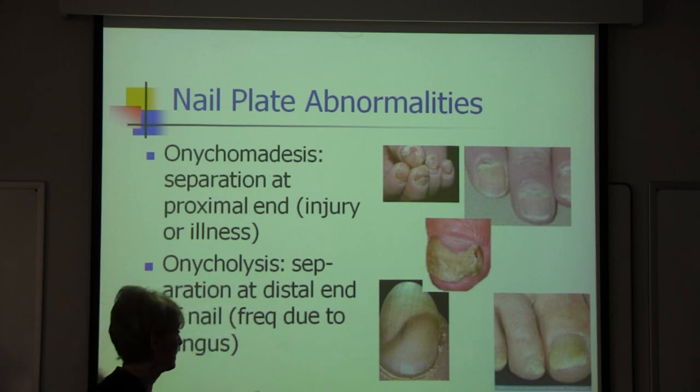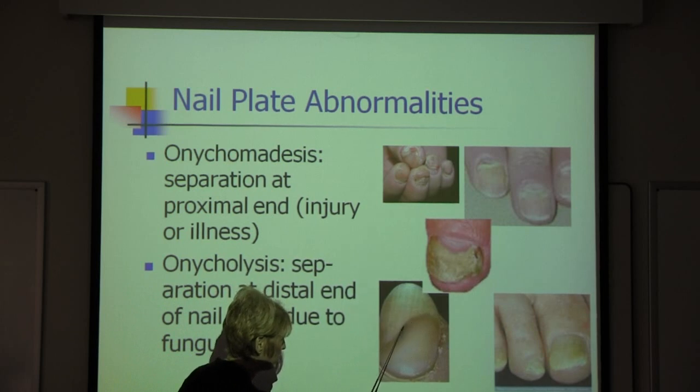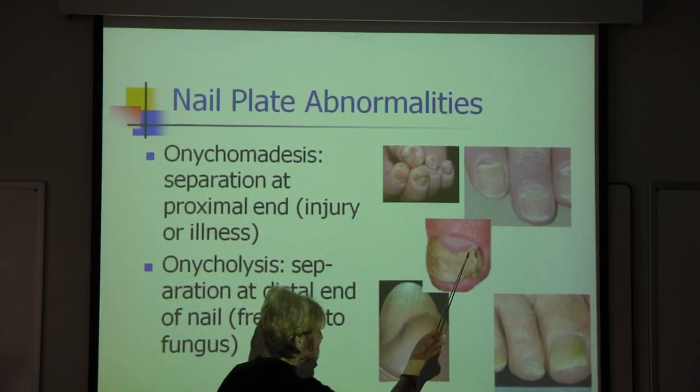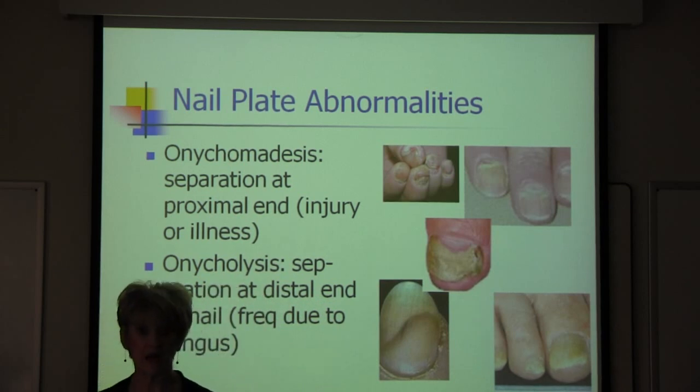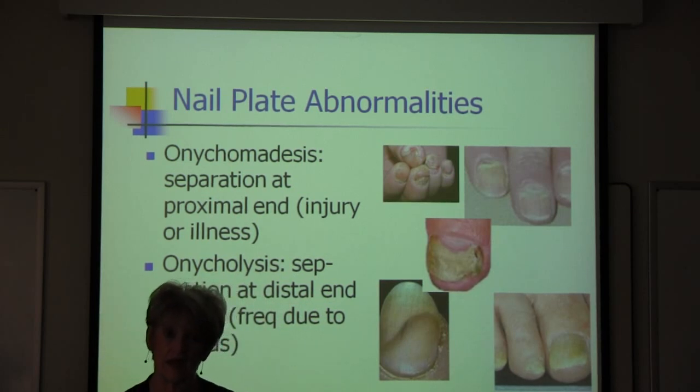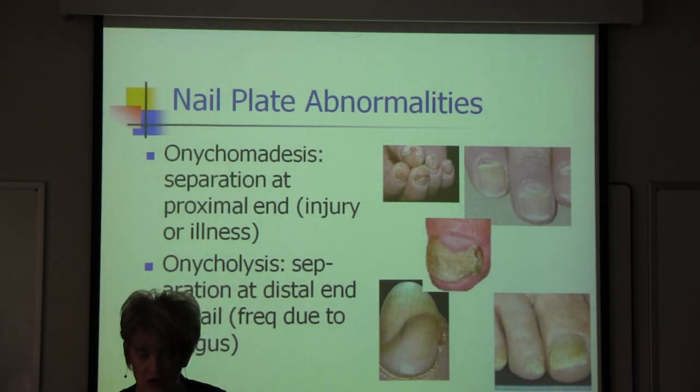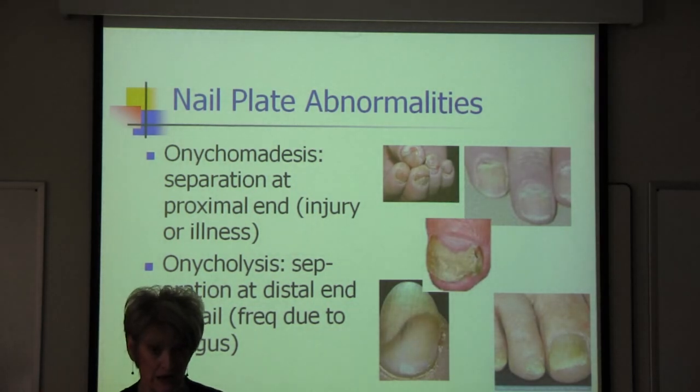You can see it. See how your free nail border comes all the way down here? A lot of times when you're evaluating the nail for a patient with a fungal infection, you take your spatula or your orange wood stick, you're checking the free nail border, and it just keeps going, because the fungus has broken the bonds between the nail plate and the nail bed, and the nail is literally separated.